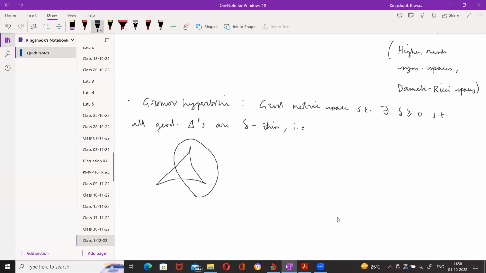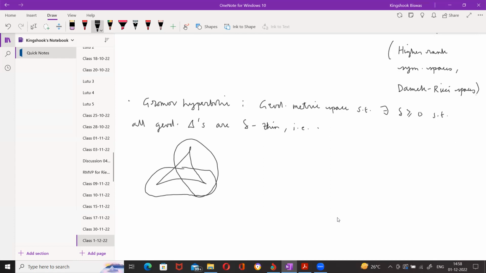So if this is the delta neighborhood of this side, and say this is the delta neighborhood of the other side, then the union of these two delta neighborhoods contains this third side. Okay. And the same is true for any side.